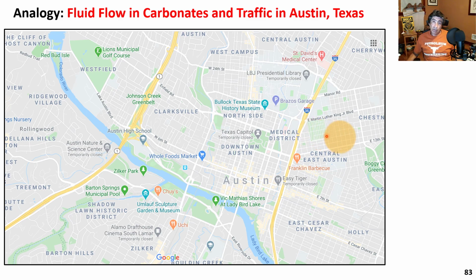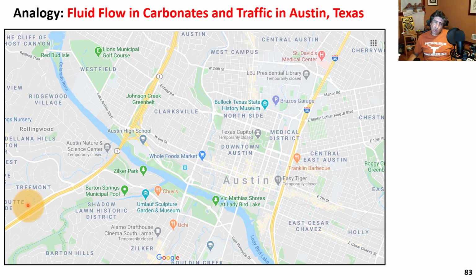And so what happens is that you have all these streets where the interstitial velocity is very small, and of course at certain times of the day, even the large arteries like IH35 will be completely clogged up, interstitial velocity 0. Even though they have large conduits, sometimes the interstitial velocity is very small, or along MOPAC.